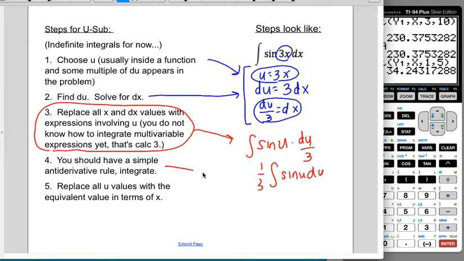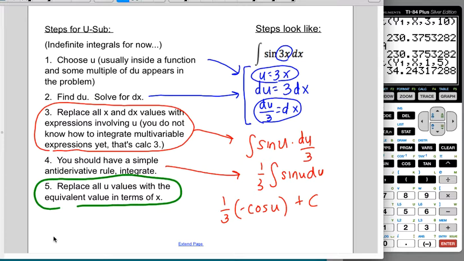So now I have a simple antiderivative rule, which is the integral of sine. Yay, simple antiderivative rule. When I integrate sine, I get negative cosine of u, plus c. The last step I need to do is replace all the u values with x stuff. So I'm going to get negative 1/3 cosine of 3x plus c. And that's my answer. So that's how U-sub works.